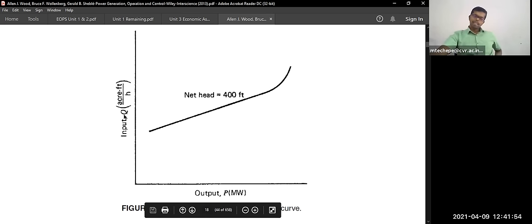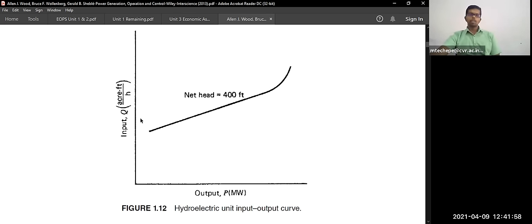So with respect to the change in discharge, automatically the power generation also will increase. If the discharge is less, the power generation is also less. If the discharge is more, the generation is more. As I already said, from the penstock the water is sent to the turbine.